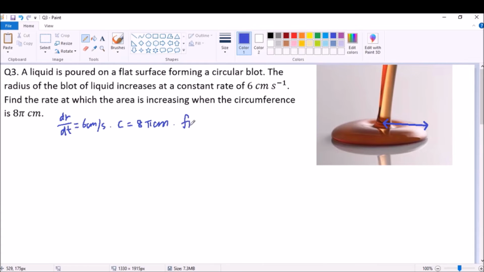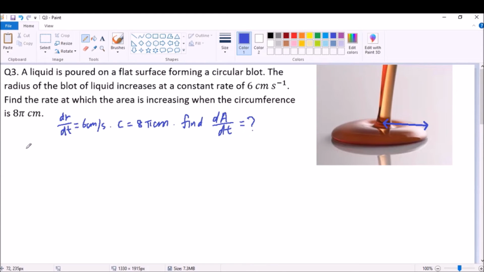We are finding the rate of area increasing, meaning we are finding dA over dt when the circumference is 8 pi cm.